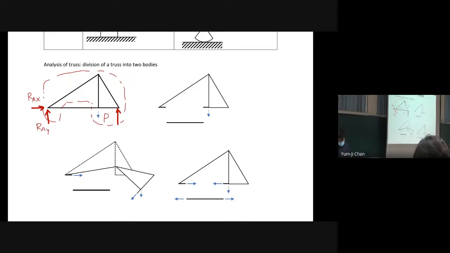We are turning the truss into two free bodies, free body 1 and free body 2.